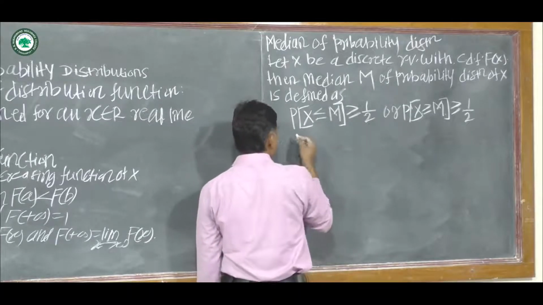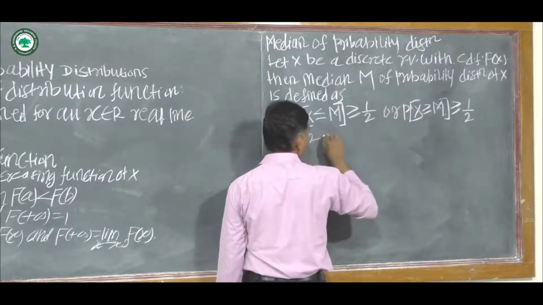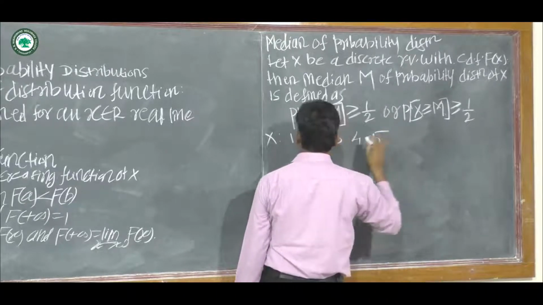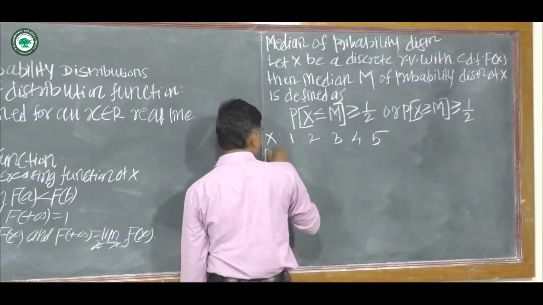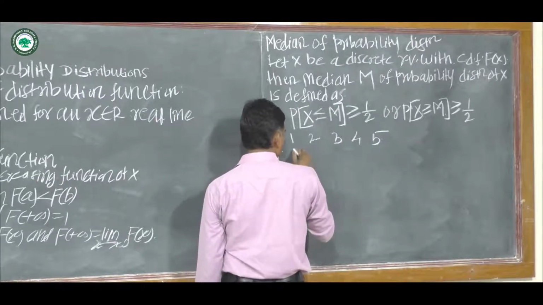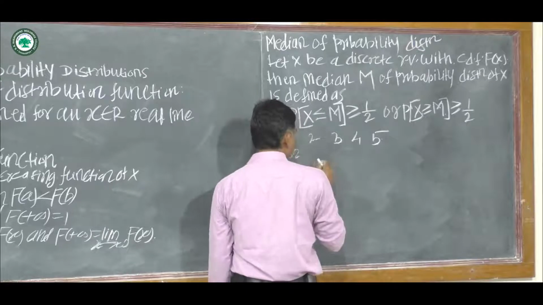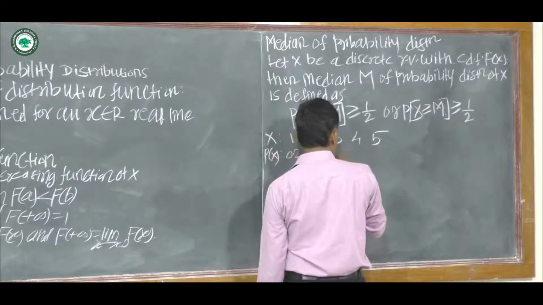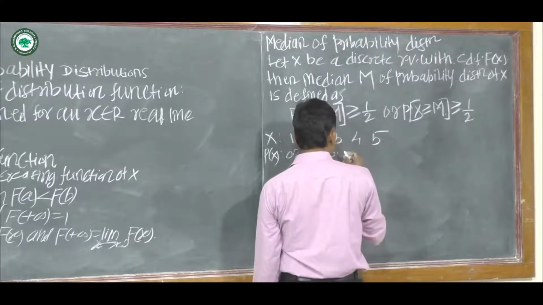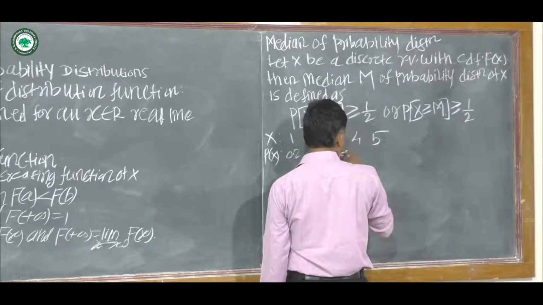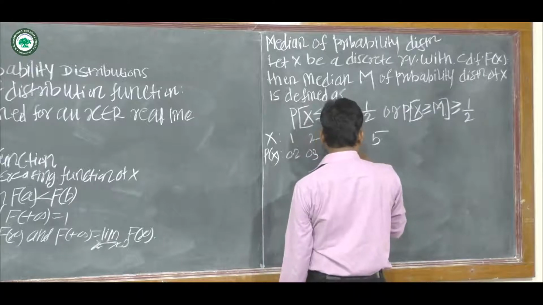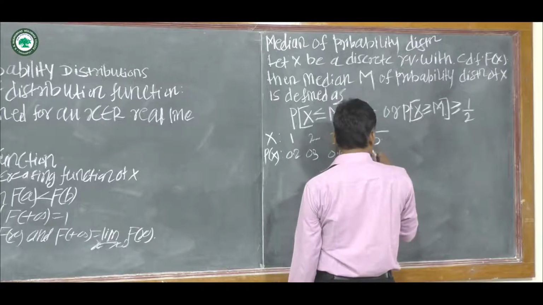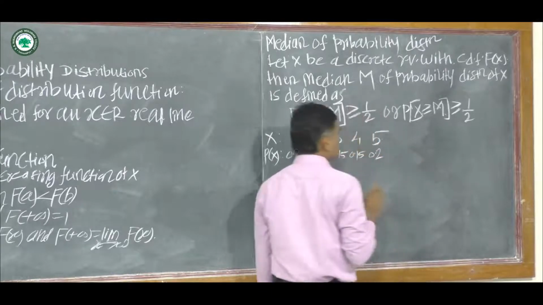This random variable takes values 1, 2, 3, 4 and 5, and their corresponding probabilities are 0.2, 0.3, 0.15, 0.15 and 0.2.